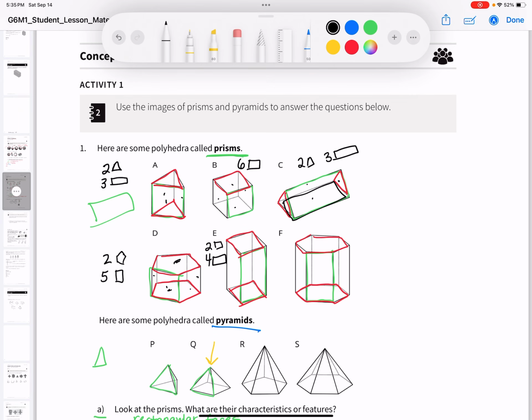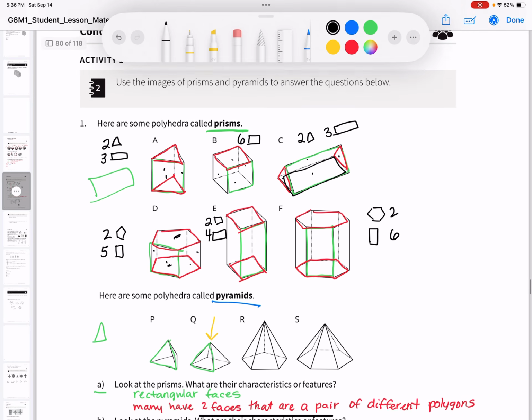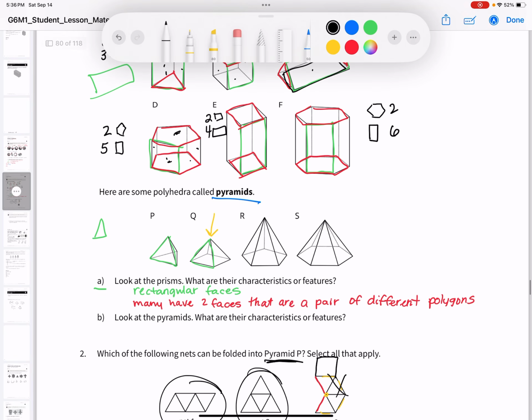For F, you would need 2 hexagons, and you would need 6 rectangles. For P, you would need 4 triangles. For Q, you would need 4 triangles and 1 square, because you have 1, 2, 3, 4, plus the bottom, which is a square.